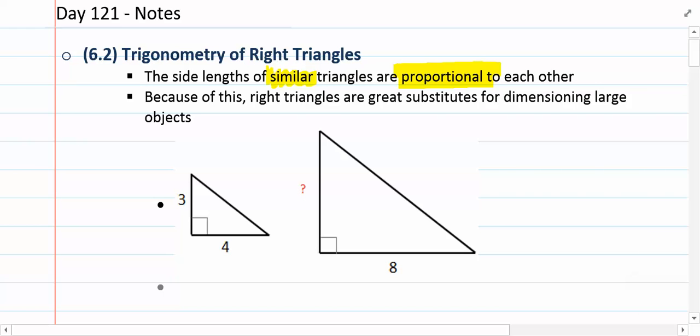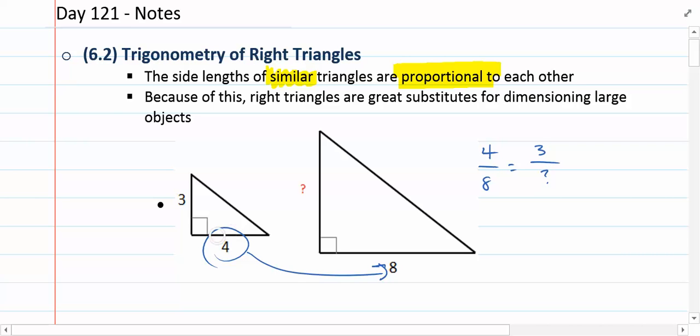If we were to set up a proportion, it might look something like this: 4 divided by 8 equal to 3 divided by our question mark. The thing to remember when setting up proportions is that you always have to set up the proportion in the same direction.